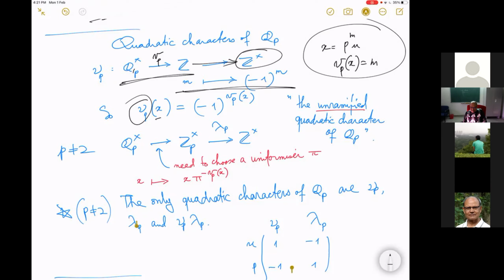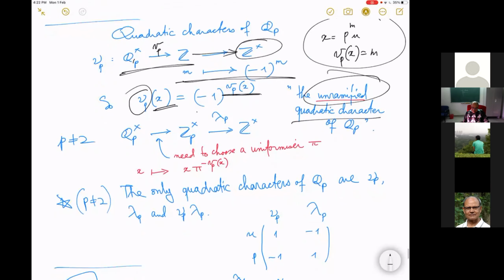So nu p of x is basically -1 to the power vp of x. And this particular quadratic character of Qp is going to be called the unramified quadratic character of Qp. Why? That we will see later. Why is this unramified and the other ones are ramified? All that will come later.